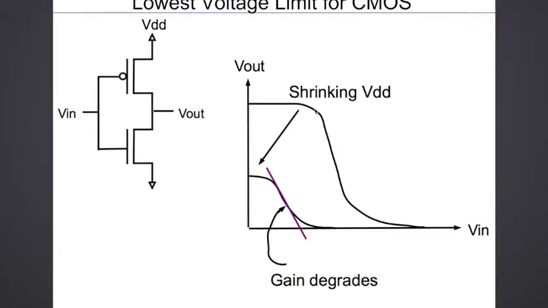And that voltage margin is essentially governed by the slope here. The sharper the slope, the larger the noise margins will be. Conversely, when the slope degrades, the noise margins for the high output logic levels will not be very good. So intuitively, the worst case is when you just have a 45-degree line.